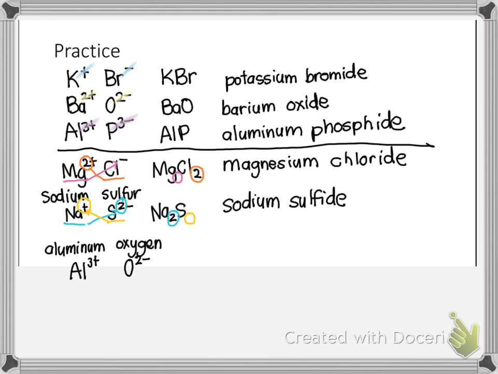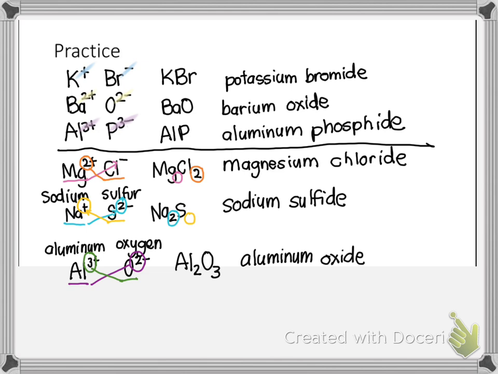Or you could say aluminum, I'm going to need 2 of them. And then the oxygen, I'm going to need 3 of them. And that's how you get it. And this is called aluminum oxide.